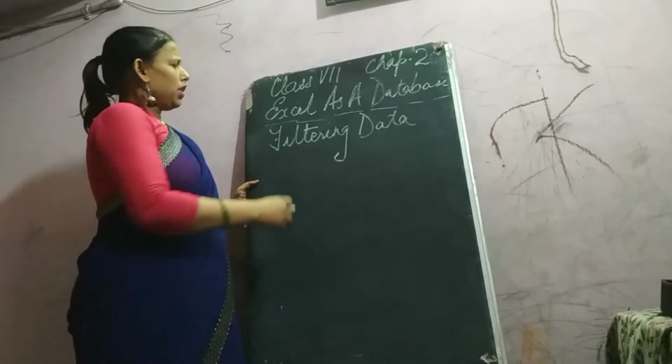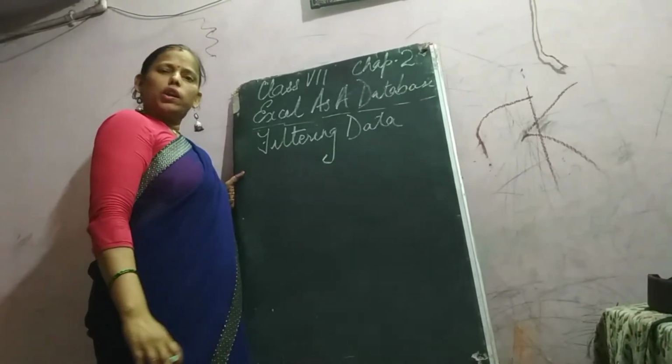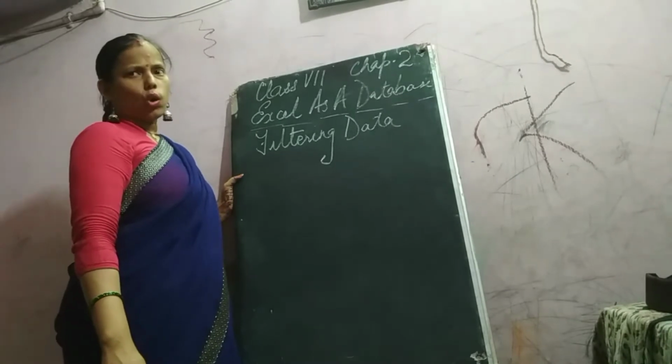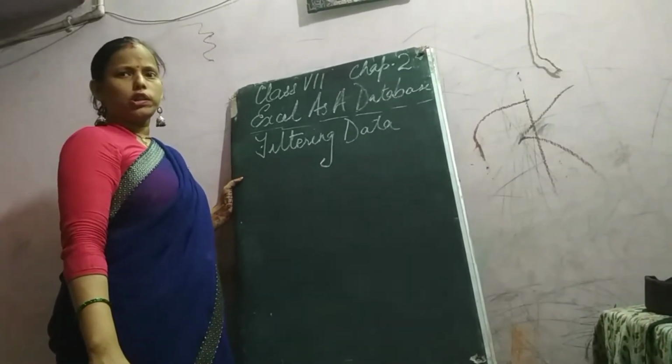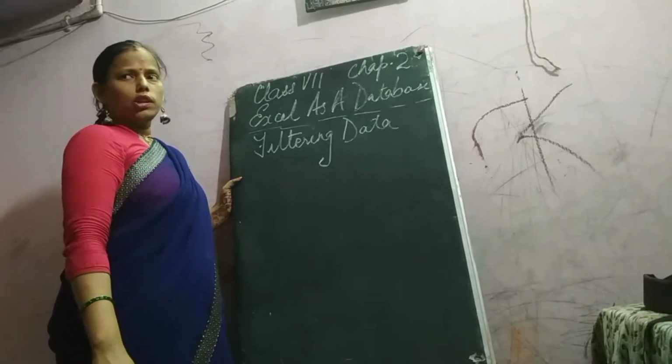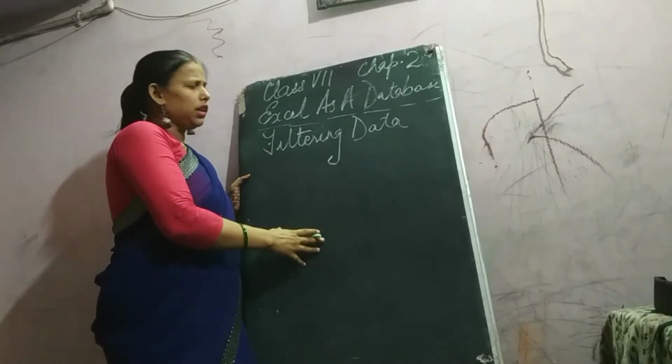Now the next topic is filtering data. You must be very clear about what a filter is. In science also you have studied about the filter. Filter means to filter the purity.